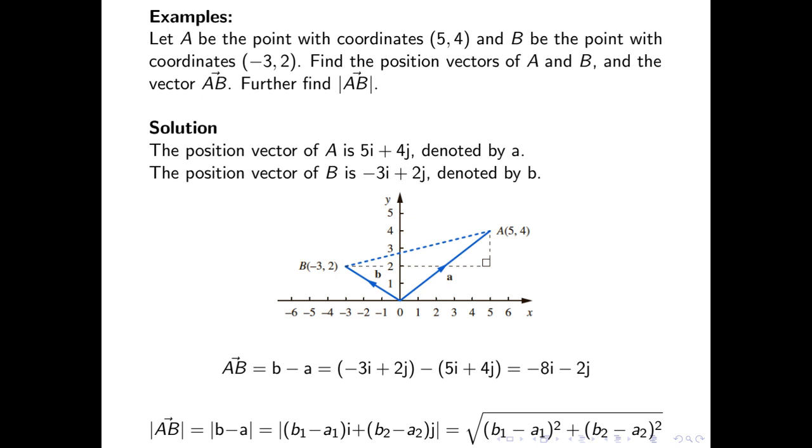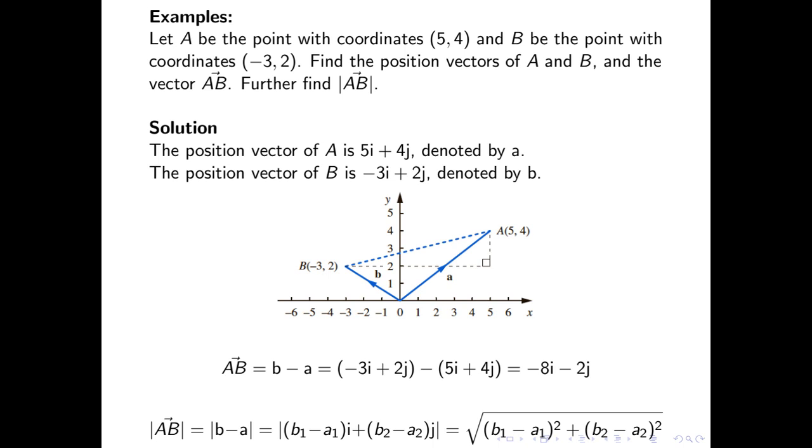Position vector of A will be this representation in terms of your I and J. That is the position vector. It's going to be, because A is 5, 4. This is only how many dimensional? 2 dimensional.